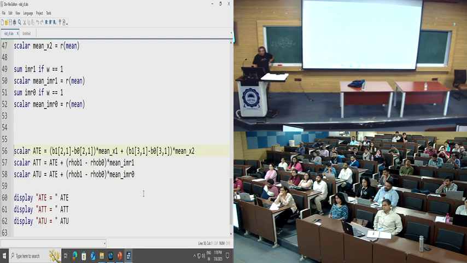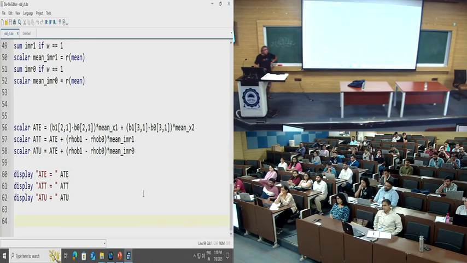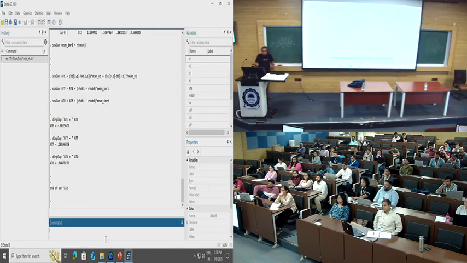And then I can compute the average treatment effect on the treated, untreated, and total one. Clear? Recall our main interest lies with ATT, the average treatment effect on the treated. And I display those three results. I hope it would run. Shouldn't be any problem. Done. Done. Let's go for lunch.